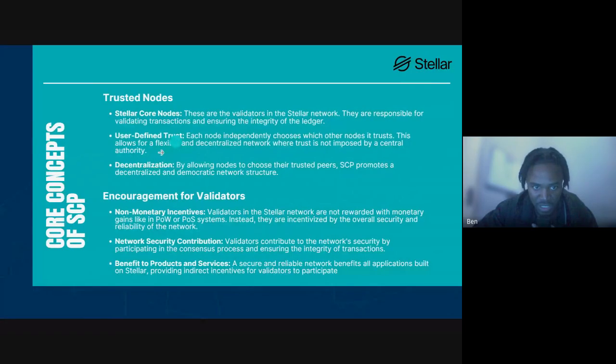So we know about these nodes. And the user-defined trust, each node independently chooses which other nodes to trust. This allows for a flexible and decentralized network where trust is not imposed by a central authority. And decentralization, by allowing nodes to choose their trusted peers, SCP promotes a decentralized and democratic network structure.